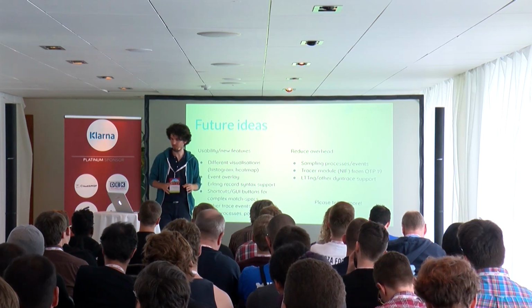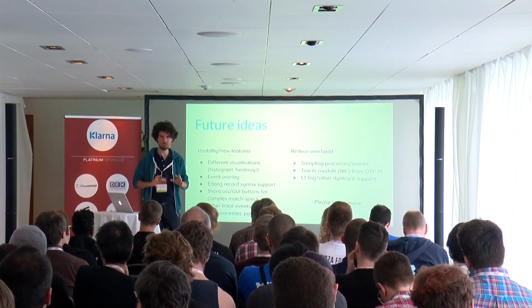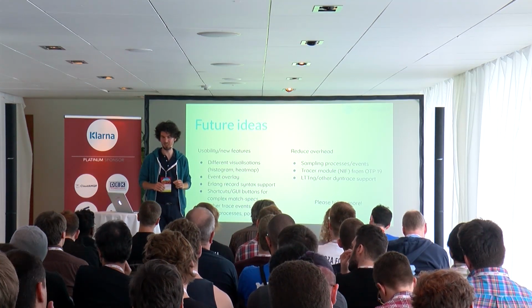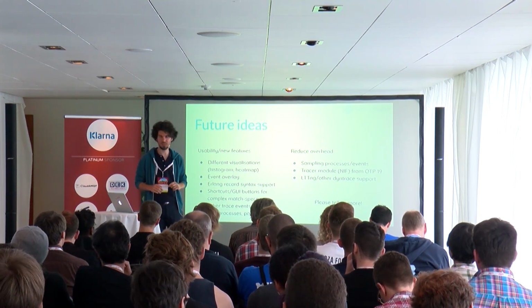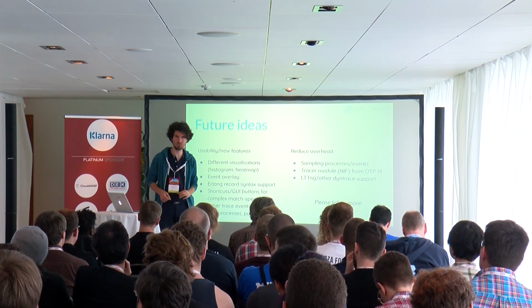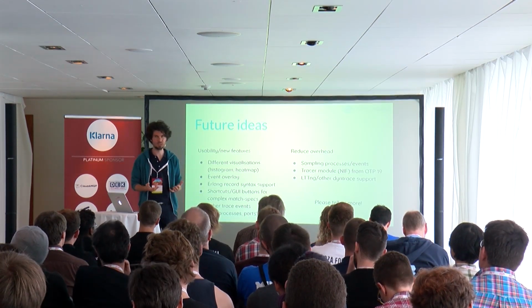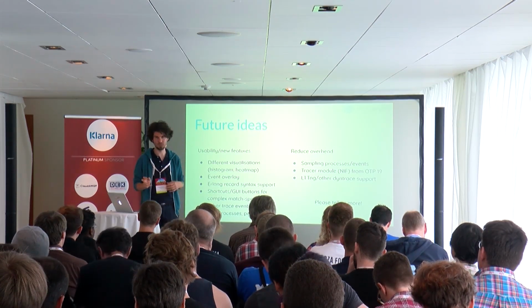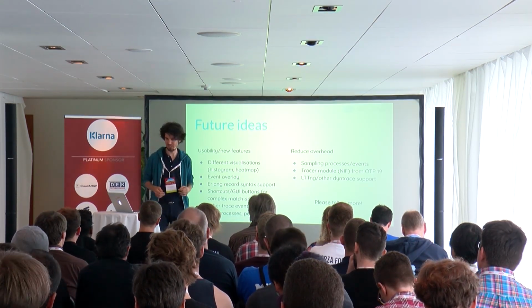And in OTP 19, apart from the whole tracing infrastructure being optimized a lot, also something called tracer module NIFs were introduced, where you can actually replace the default message sending tracing implementation with your own NIF. And I'm very excited about that.